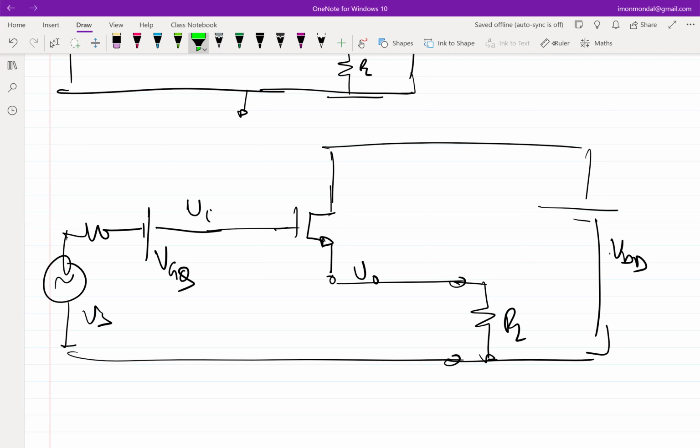So it's not necessary that you get to connect RL in this way. Another issue is that even if you get to connect RL in this way, it's not necessary that RL will remain constant. RL can vary. If RL varies, then the quiescent current will also vary. So essentially your gm will not remain constant. So this becomes an issue. So this type of connection is often not possible.